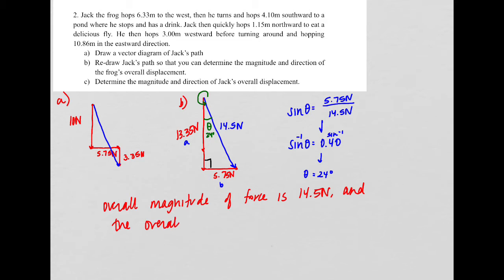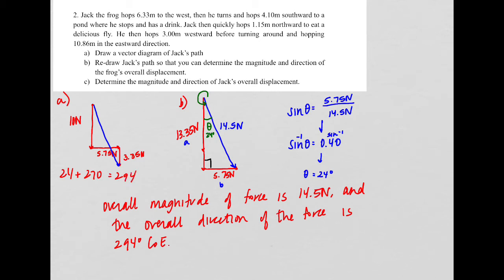So the correct answer here is, we say the resultant has the overall magnitude of force of 14.5 newtons, and the overall direction of the force is, you could say, 294 degrees counterclockwise of east, right? Because 24 plus 270 equals 294 degrees.